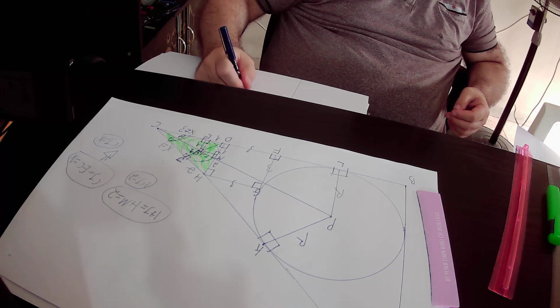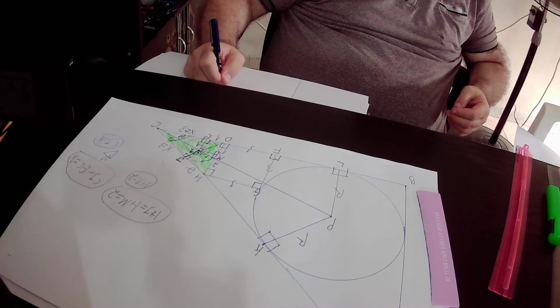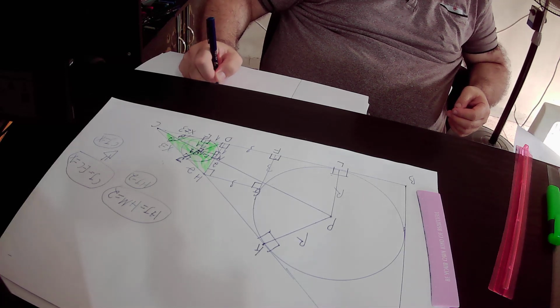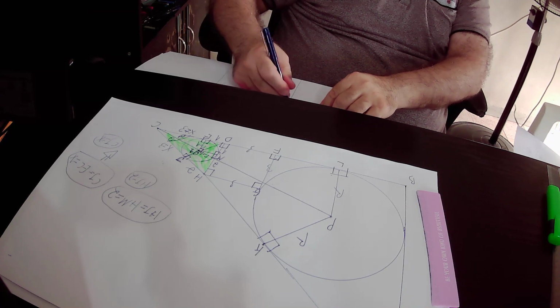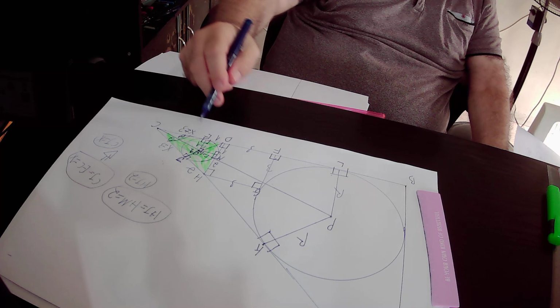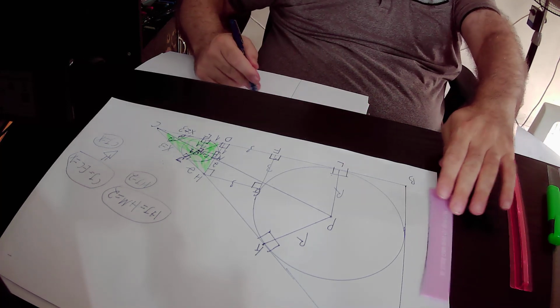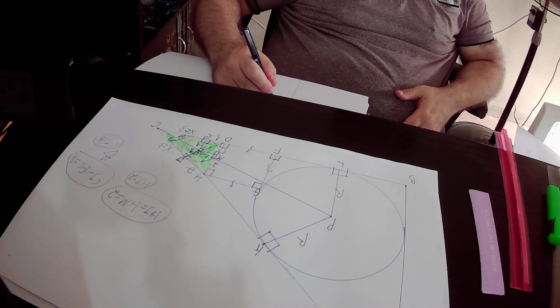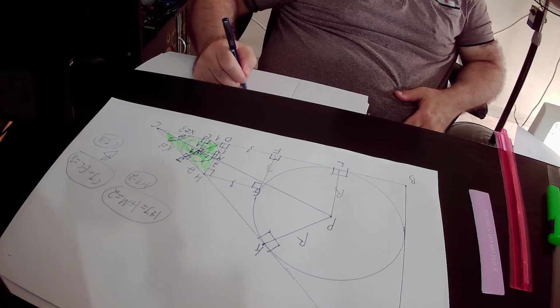CK equals to CL according to rule number 2. And finally, PC is a common side that belongs to both triangles, so you can write down that PC equals to PC, a common side that belongs to both triangles.